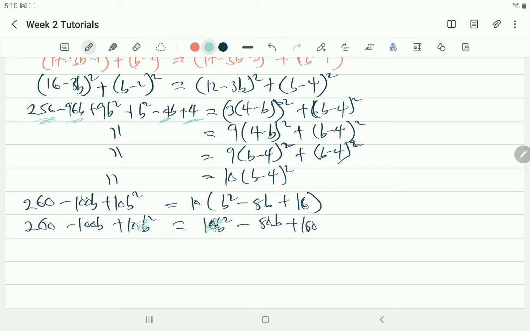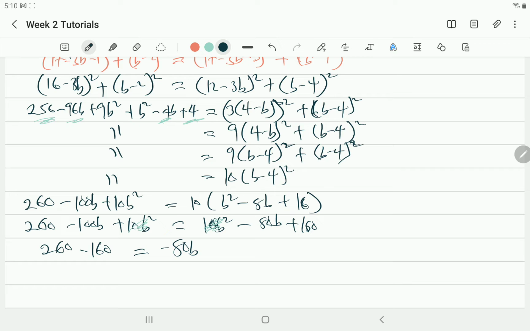Then we have 100b and 80b. So I'm just going to group all the b's now. I would like the 100b to move, and so I'm making the 260b to stay. I am bringing 160b to the left. It becomes negative now. Then I already have 180b at the right.